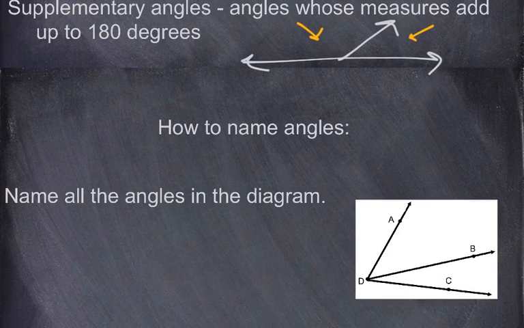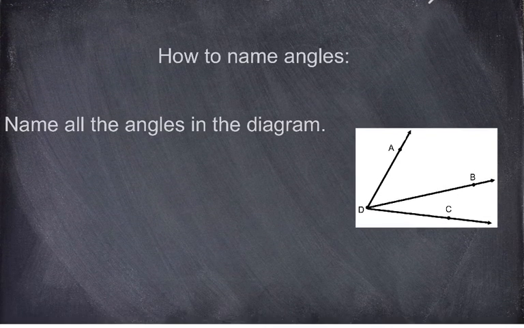How to name angles. How do you properly name angles? Well, there's a couple ways to do it, but the main way is to use three letters. If I want to name this angle, because we're going to have to name all the angles in the diagram, I have to use the three letters that are connected to the rays and the vertex.